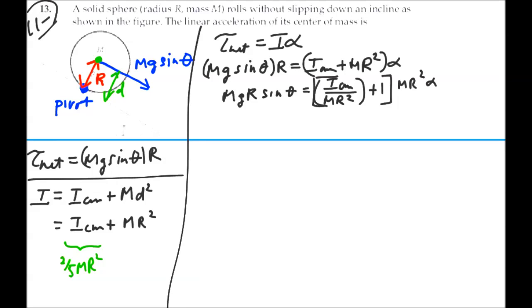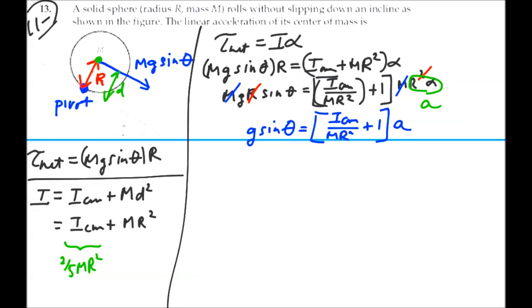Well, the m's cancel out on both sides of this equation, and one of the r's cancels out. So we have an r gone here, and the square of the r there gone. And we can recognize that alpha times r, which is left over here, is really the linear acceleration a. So what we have left over is that g sine theta is equal to the moment of inertia about the center of mass divided by mr squared plus 1, times the linear acceleration a.